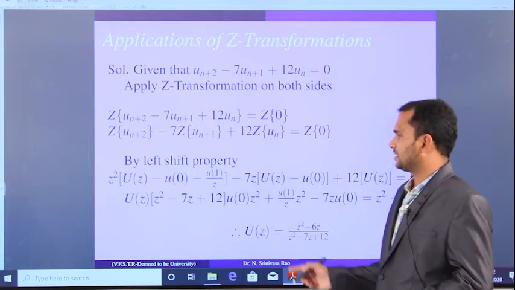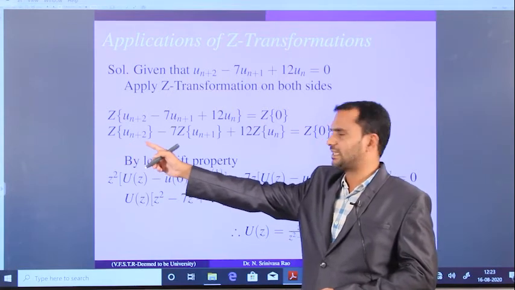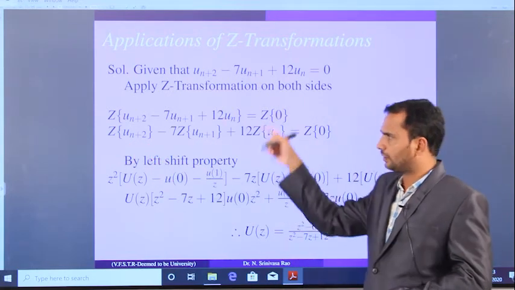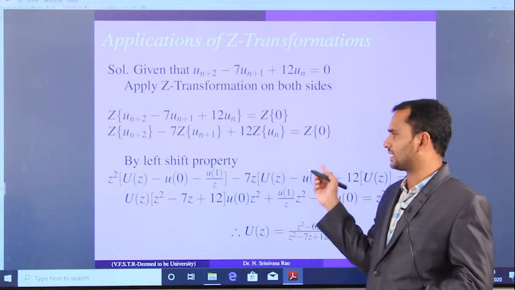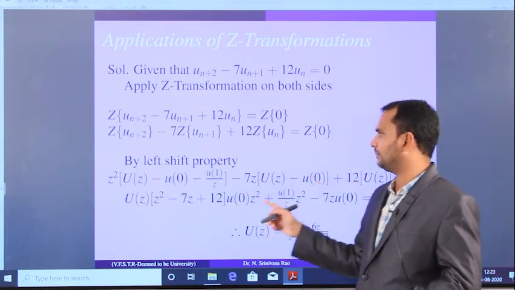Now by the shifting property, we already know how to find Z of u_{n+k}. We recalled that formula in the previous slide, and now we apply it.